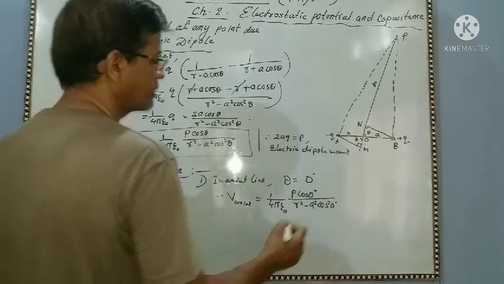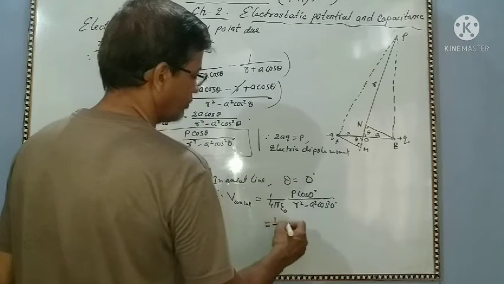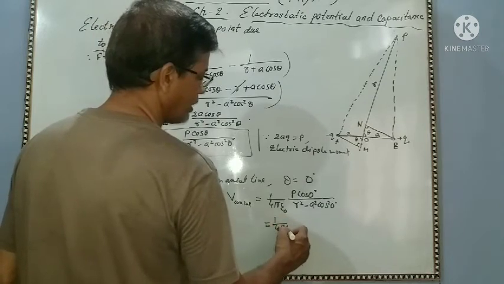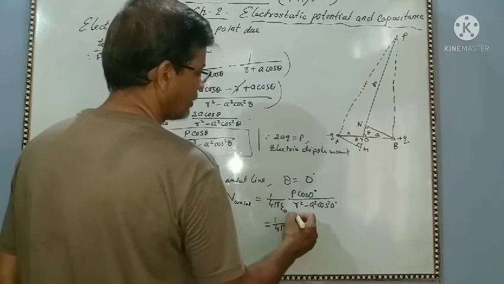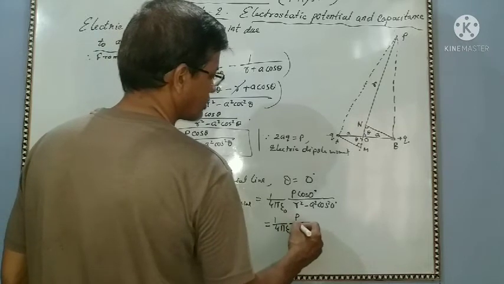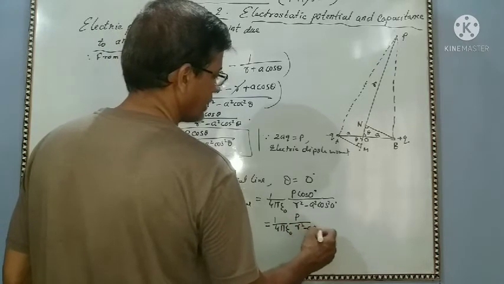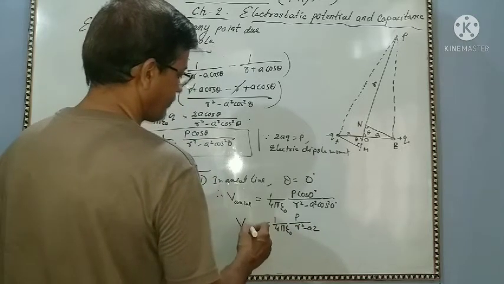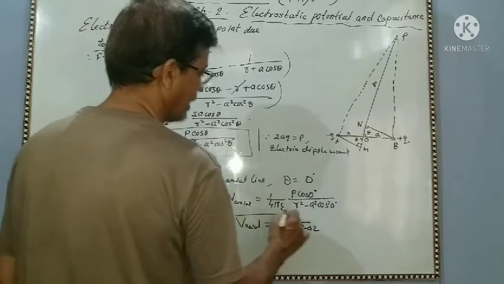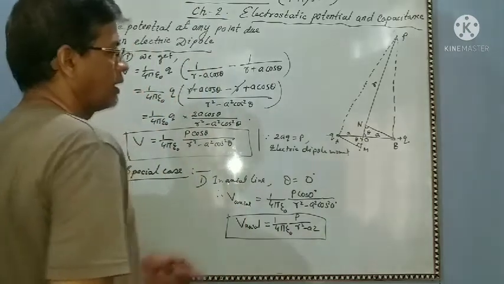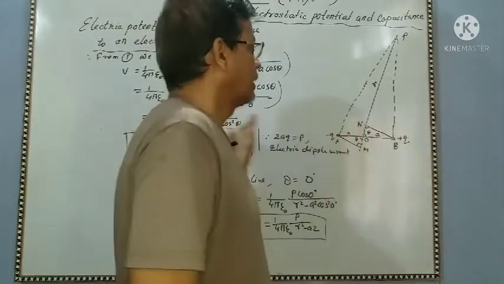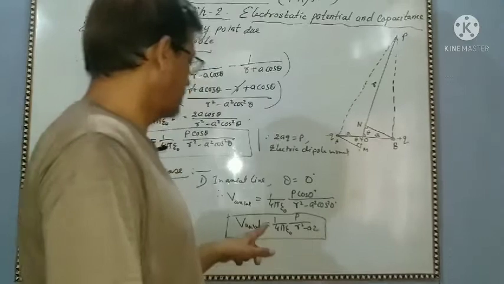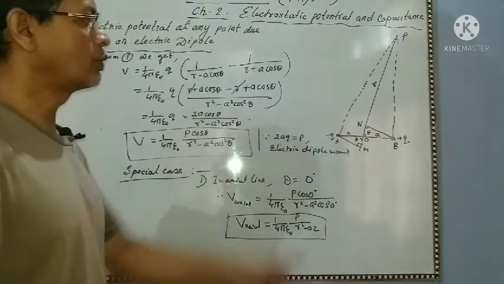Cos 0 is 1, so this will be 1 by 4 pi epsilon naught p by r square minus a square. This is the expression for the axial line.